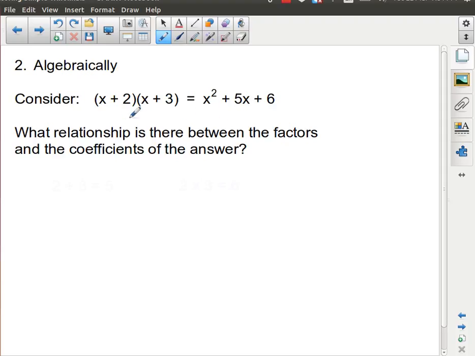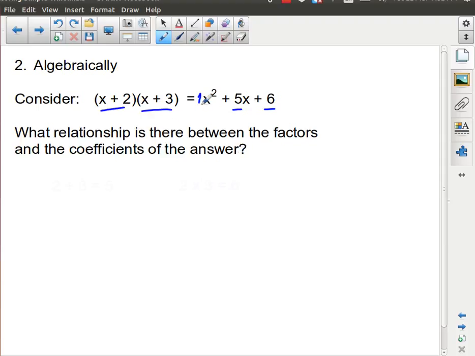Take a look at the numbers here. I've got the number 1 in front, I've got the number 5 times x, and I've got the constant 6. So what relationship is there between the factors, meaning these? What is the relationship between the factors and the coefficients of the answer?